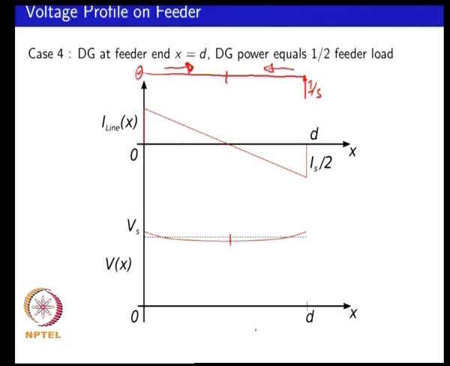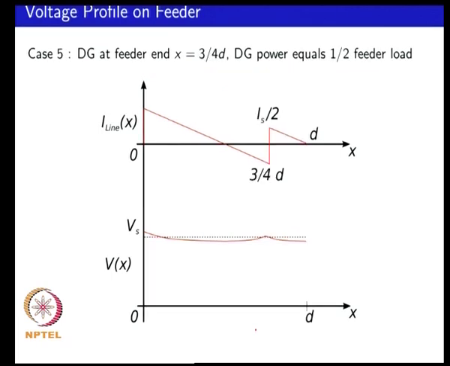So, we will then look at another possibility where instead of the DG being connected at the end of the feeder, we will look at a situation where maybe the DG is connected further in between along the feeder.